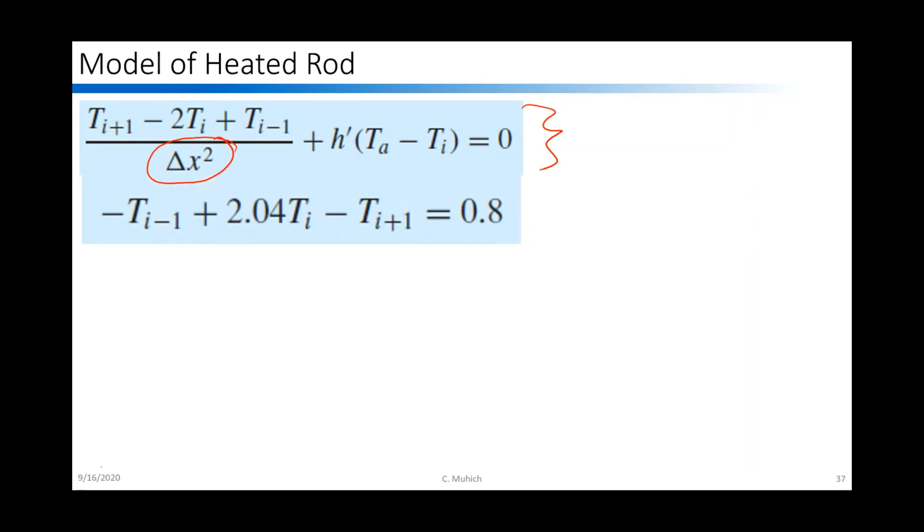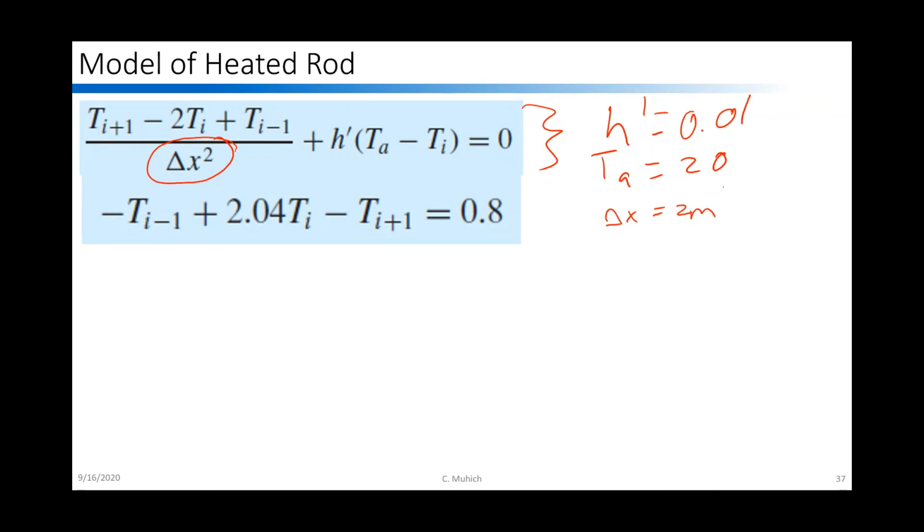So in this example, let's say that we have a certain value for h prime given in the problem as h prime equals 0.01. Let's say T ambient is equal to 20. And let's say we want to look at this section every 2 meters, so delta x is going to be 2 meters.